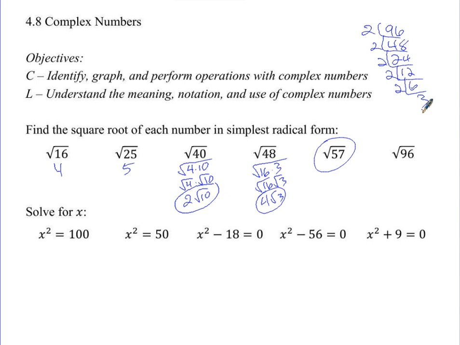Now once we're here, we just circle all our pairs. We have a pair of 2's, we have another pair of 2's. That's it for the pairs of 2's. Then you multiply all those numbers back together. 2 times 2 times 2 times 2 is 16 times 6. So this splits into the square root of 16 times 6. You were right. And then the square root of 16 is 4 root 6.